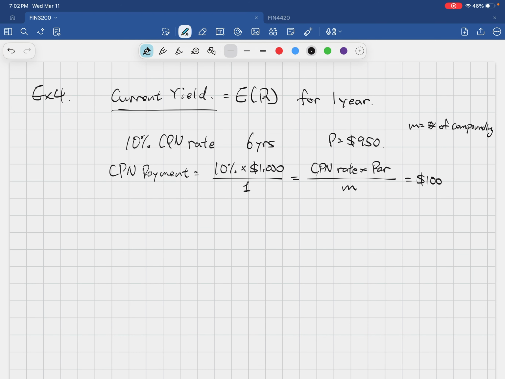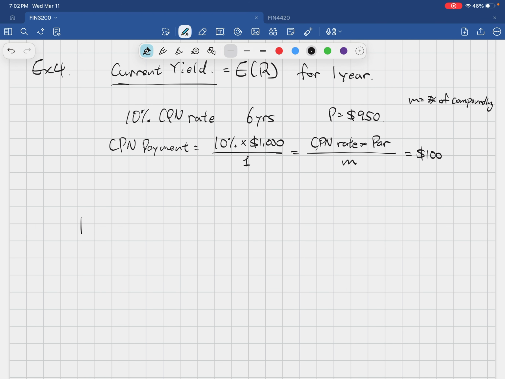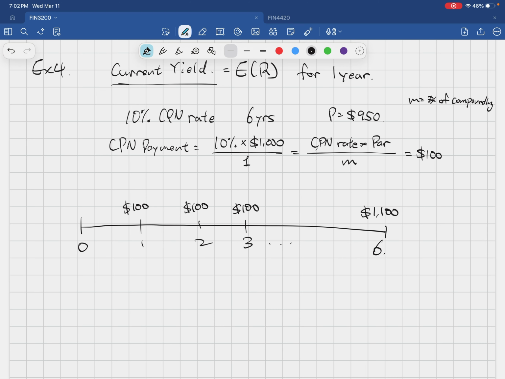I'm going to draw the timeline based on what we have. Right now is time 0, and we have 1, 2, 3, all the way until year 6. The bond pays $100 in coupons every year until the bond matures, at which point you'll get the par value of $1,000 and the final coupon payment of $100.